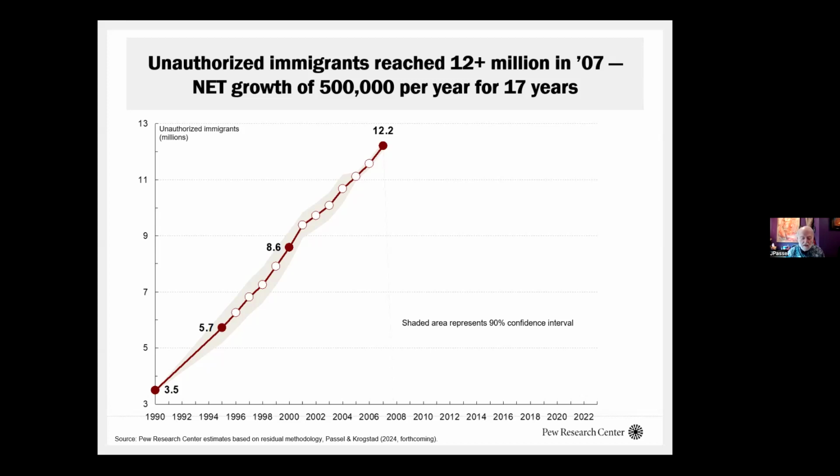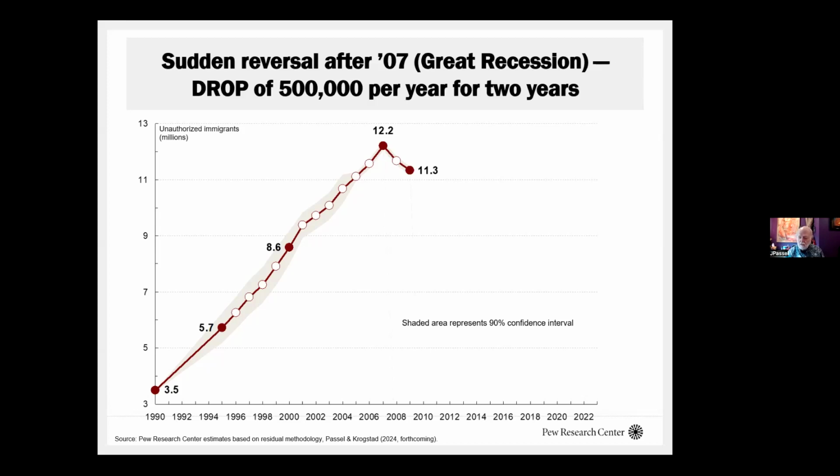Then in 2007, things changed dramatically, largely due to the Great Recession and the collapse of the housing market and the US economy. The numbers dropped by 500,000 a year for 2 years, losing 1 million off of this by 2009.